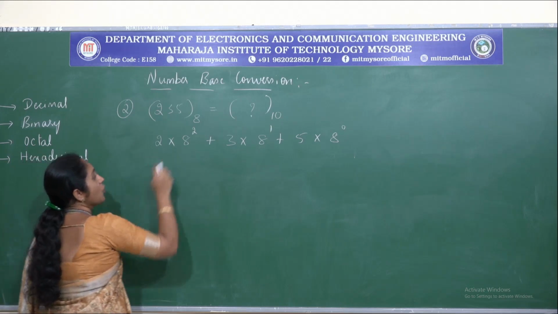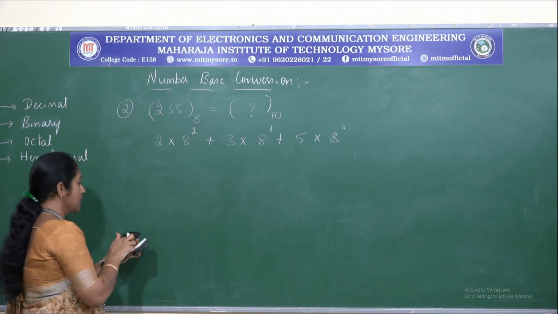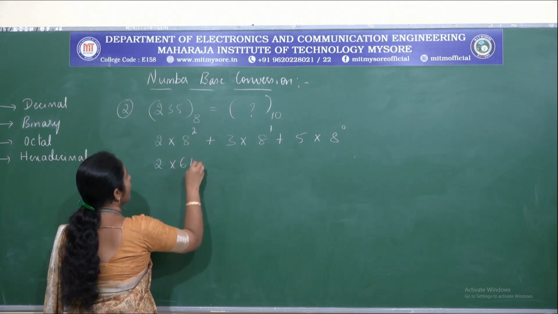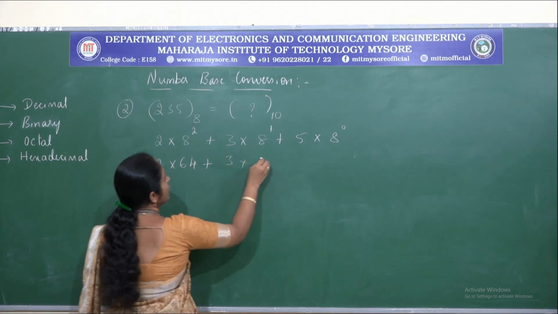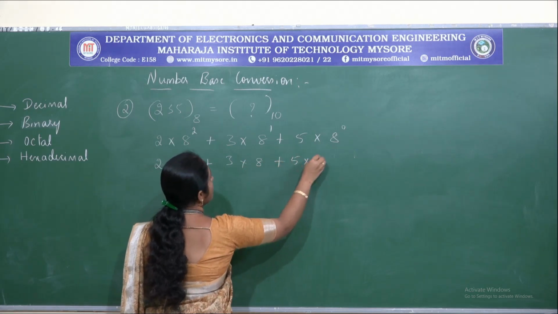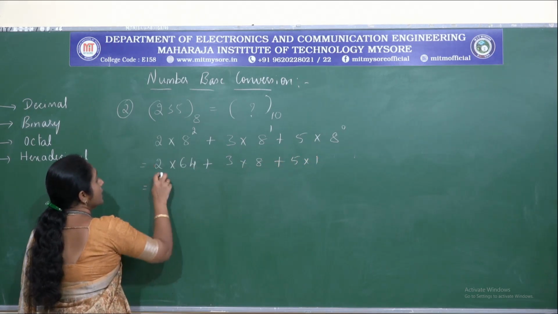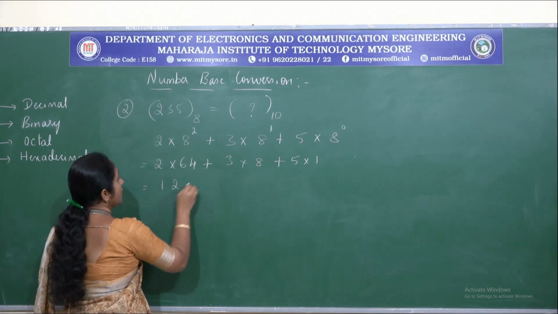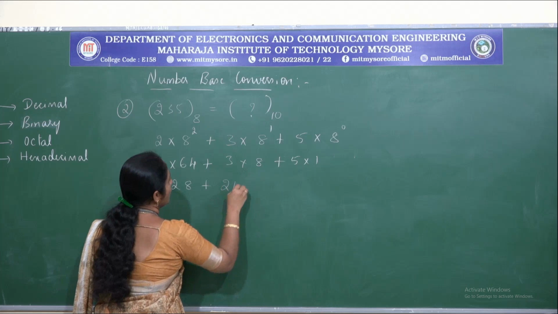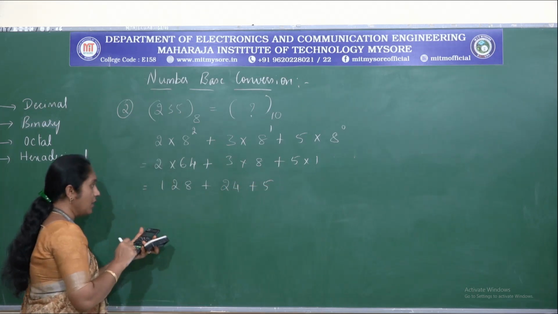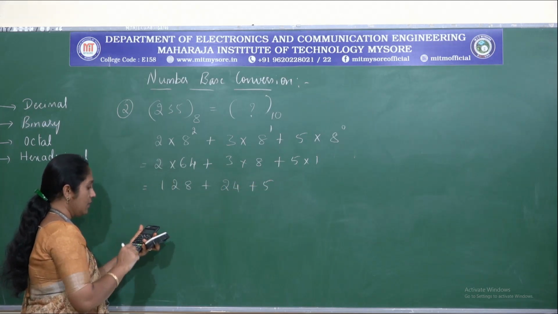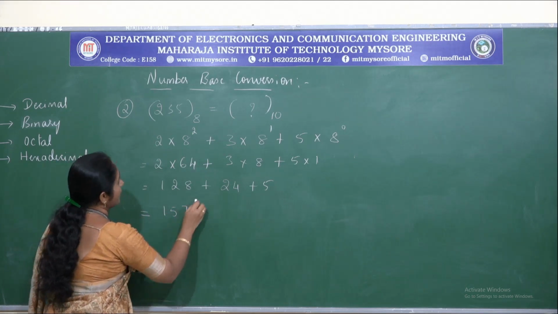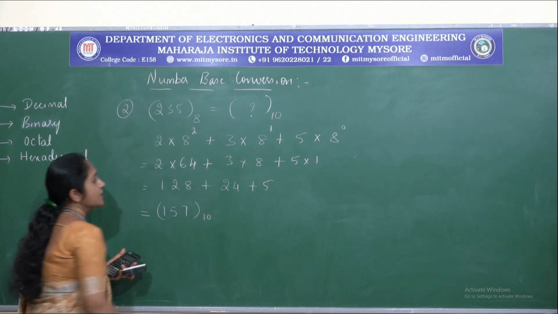So let us find out: 2 into 8 square is 64, plus 3 into 8, plus 5 into 1. 64 into 2 is 128 plus 24 plus 5. So the answer is 157. So this is in the decimal number system.